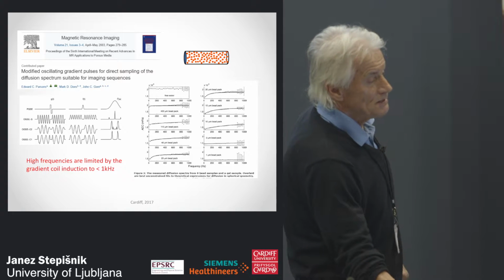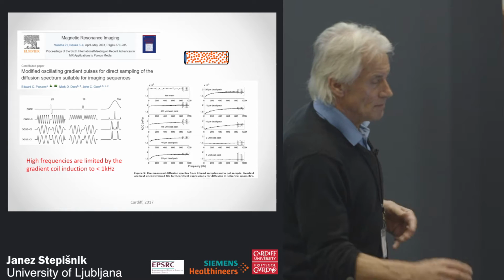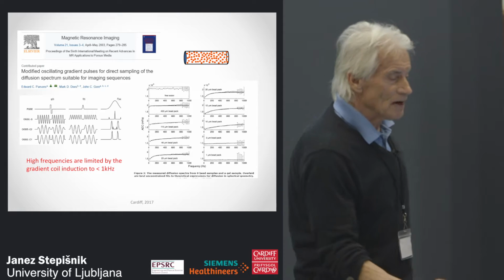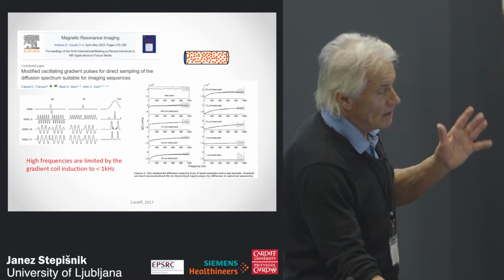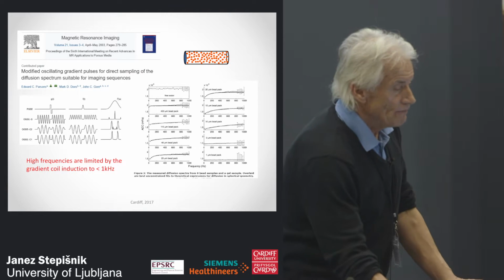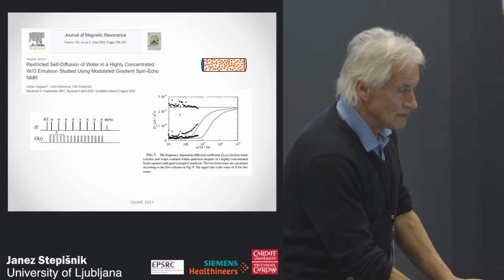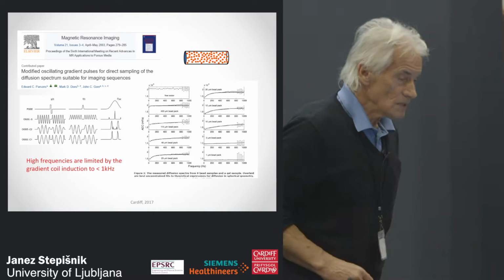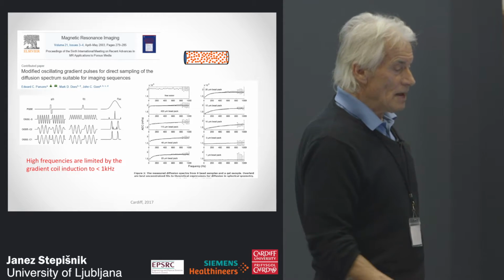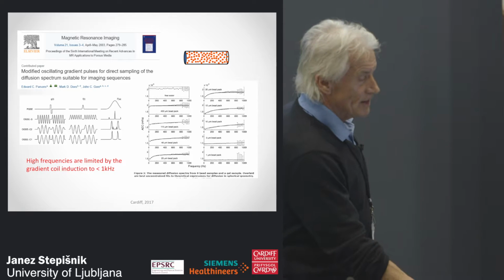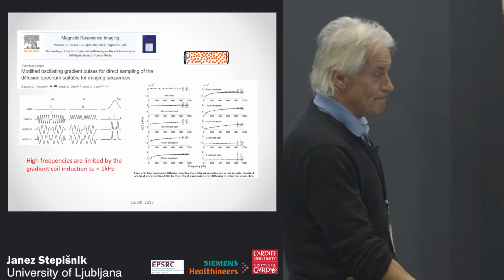They measured this with different sizes of beads, from 100 microns down, and the last one is 1 micron. But you can see, if you approach very short, 1 micron, you have a lot of noise at high frequency, about 500 hertz, and the signal is also not very strong. So the main problem is the high frequency limit, limited by the gradient coil inductance.